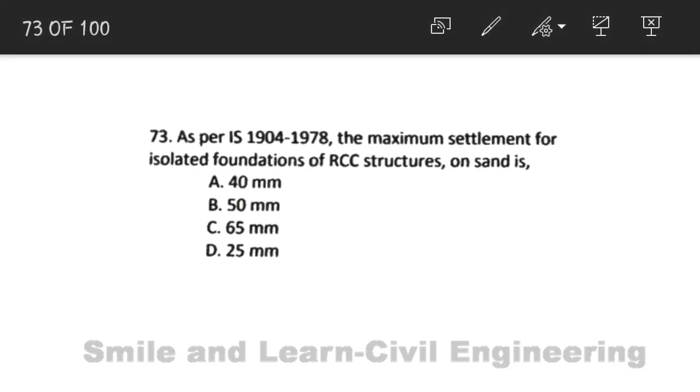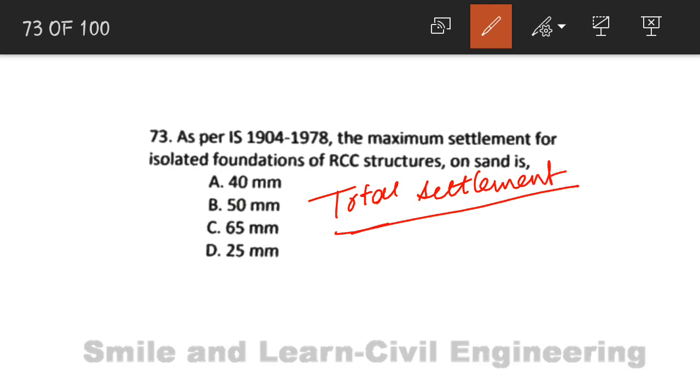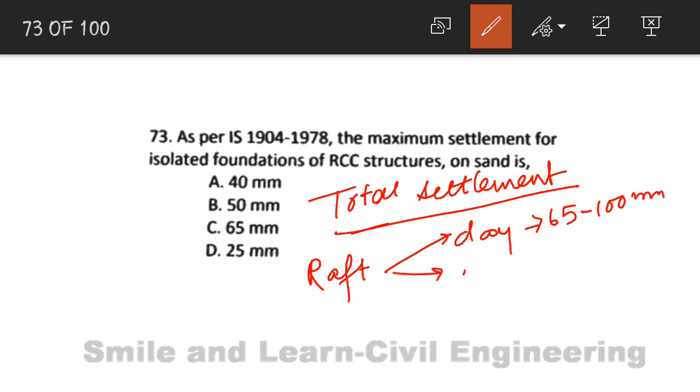So let's discuss in details. For total settlement, we will first find the total settlement. For raft in clay, the total settlement is 65 to 100 millimeter. For sand it is 65 millimeter.